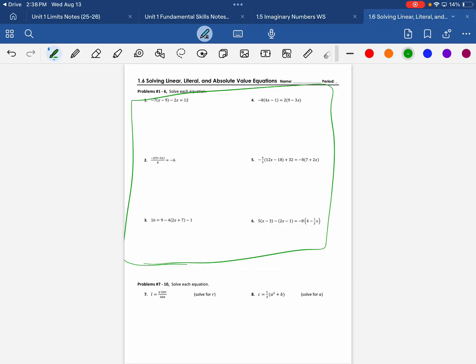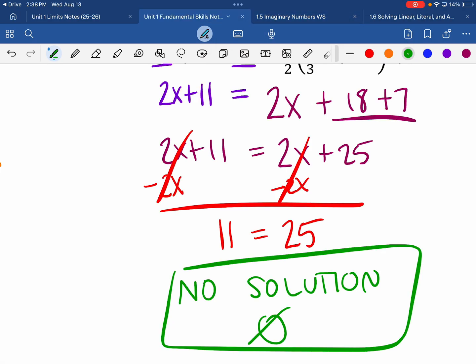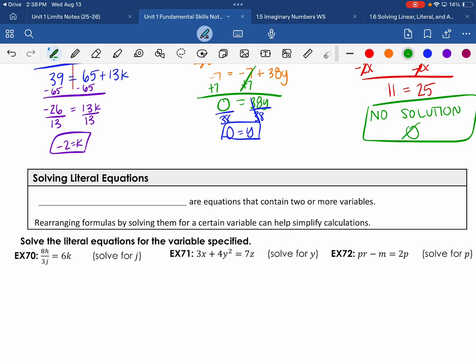Okay, pause where you're at. We are going to keep going here on the notes. We have to talk about literal equations. We're going to have 2 more sections: literal equations and absolutes, so we have to keep going.